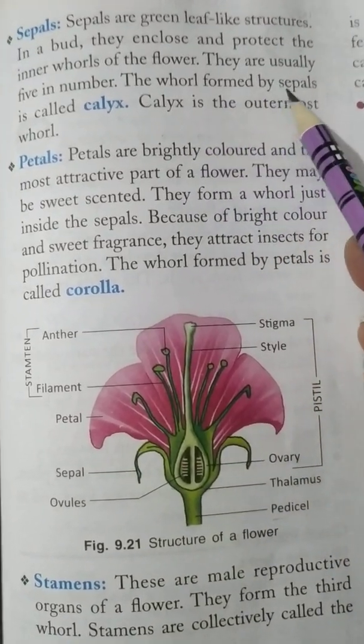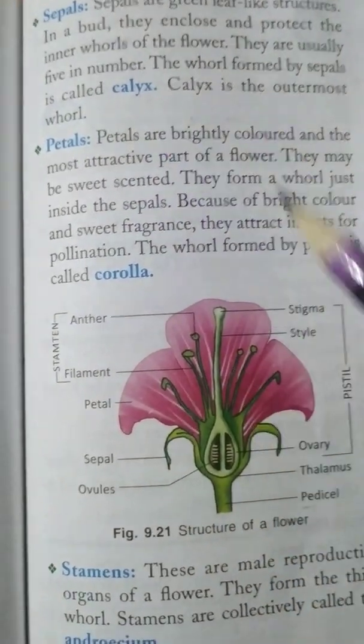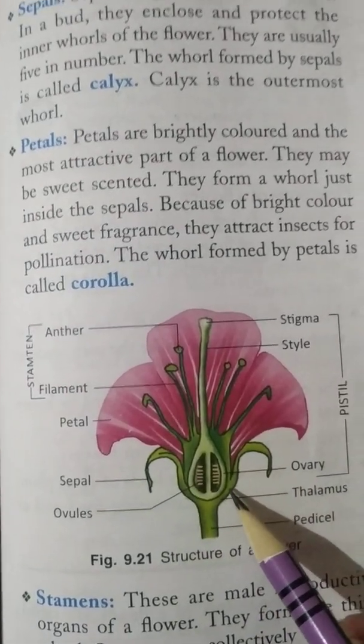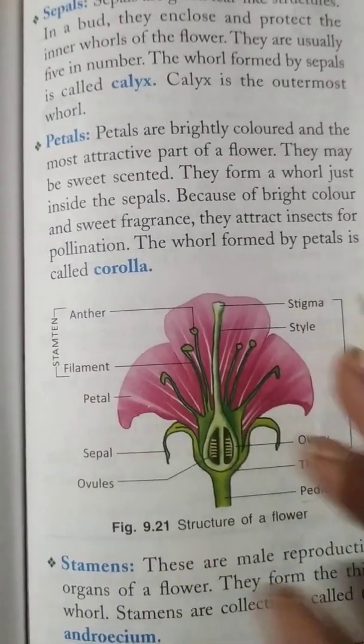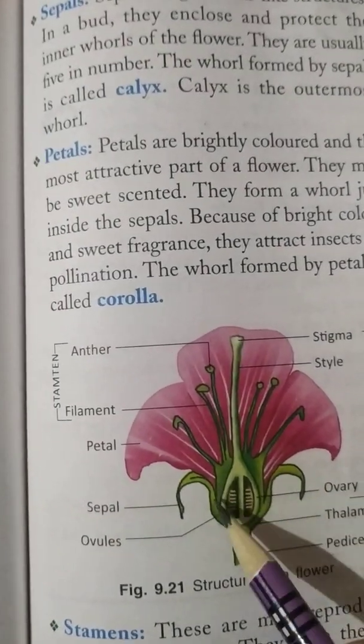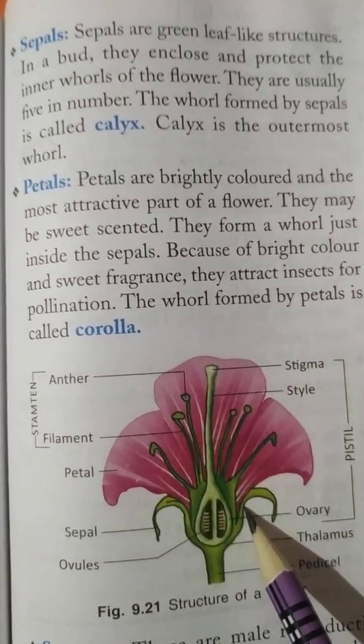The whorl formed by sepals is called calyx. So all these sepals are collectively called calyx, meaning the whole whorl that surrounds the thalamus part is called calyx.